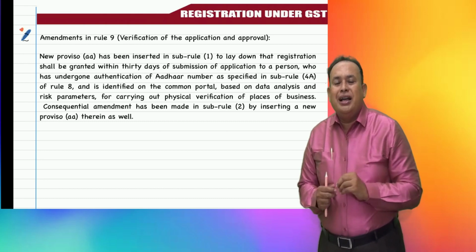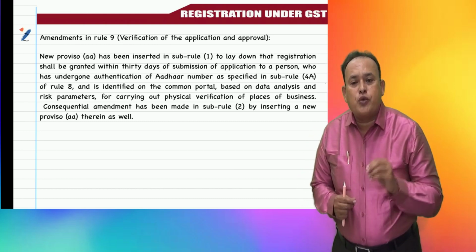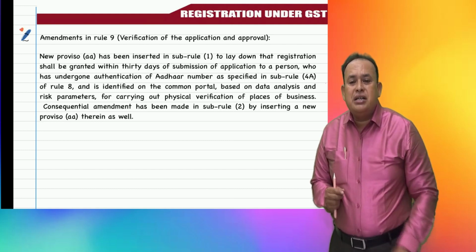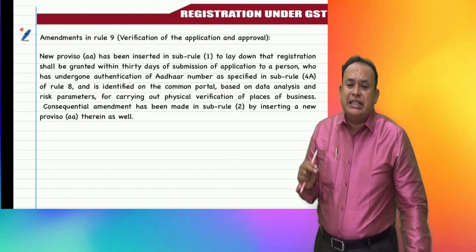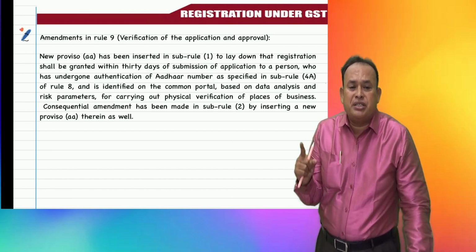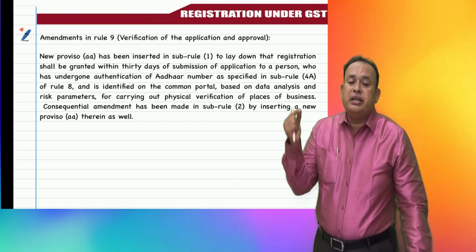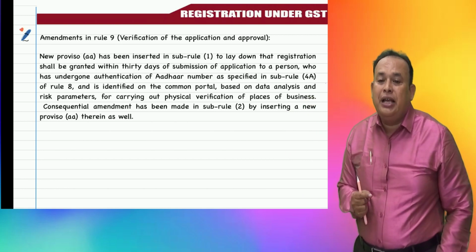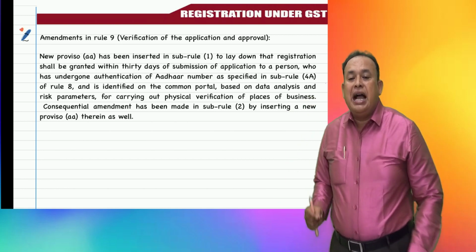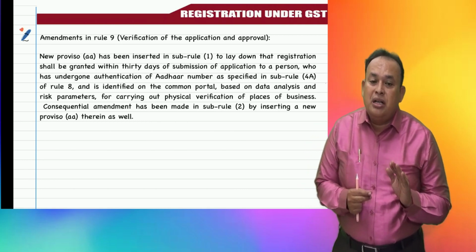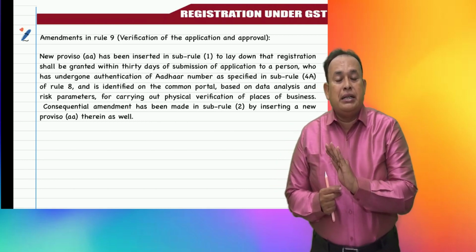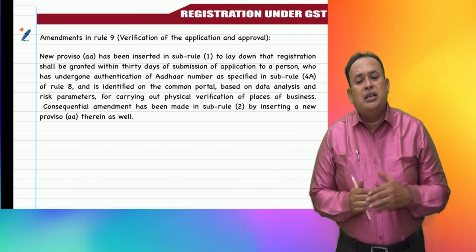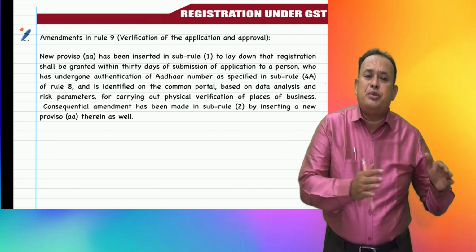A new proviso, clause AA, has been inserted under sub-rule 1 of rule 9 to lay down that registration shall be granted within 30 days of submission of the application to a person who has undergone Aadhaar authentication as specified in sub-rule 4A of rule 8 of the CGST Rules and is identified on the common portal, based on data analysis and risk parameters, for carrying out physical verification of the place of business. Consequently, amendments have been made in the subsequent provisions also.